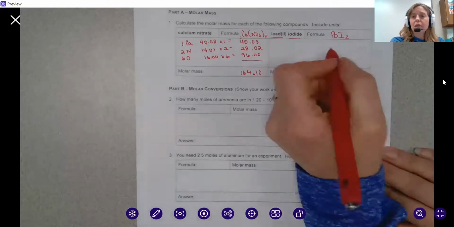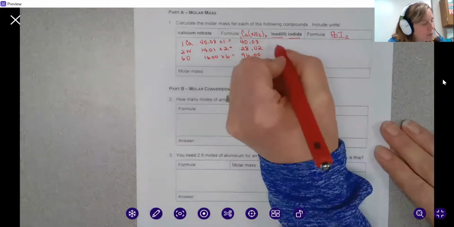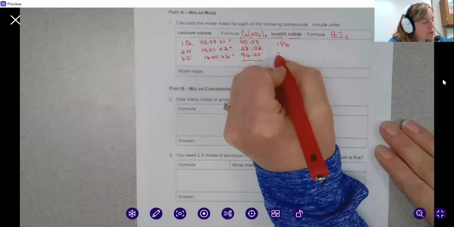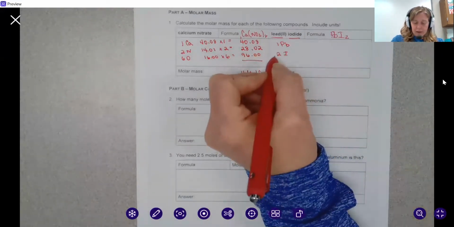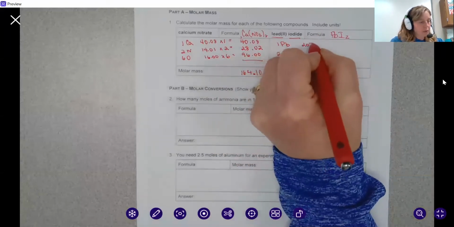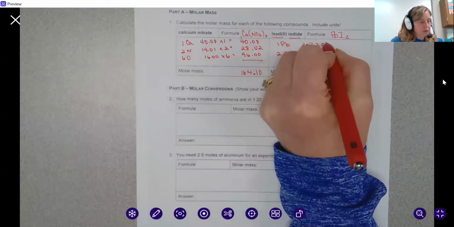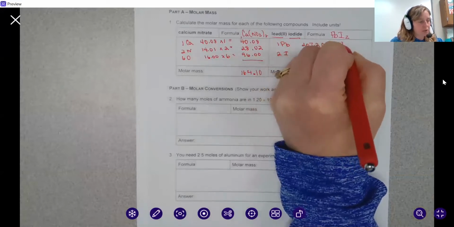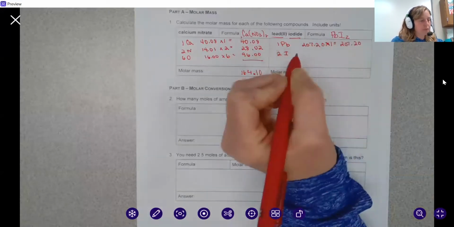So let's do the same thing with the lead iodide. We have 1 Pb and 2 I's. The atomic mass for Pb is 207.20, times 1 is going to be 207.20.